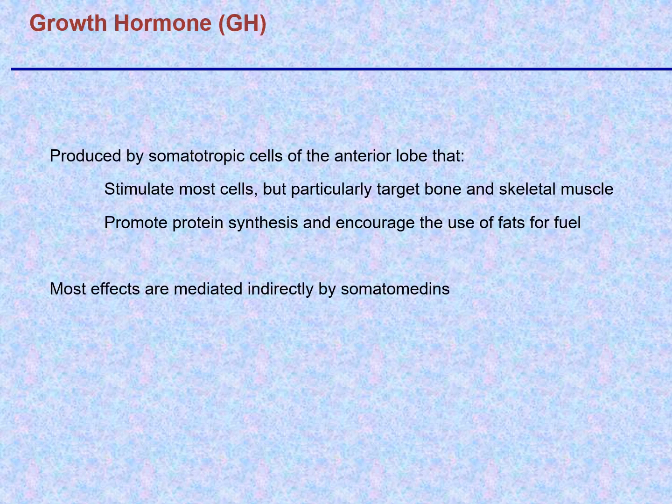This hormone, growth hormone, is produced in the anterior lobe, and it can act on most of the cells in the body, but it particularly targets the bone and skeletal muscle, and it helps promote protein synthesis and also increase metabolism of fats for fuel. So it acts on the cells, and then there are responses which cause stimulation of growth, particularly bone and skeletal muscle.